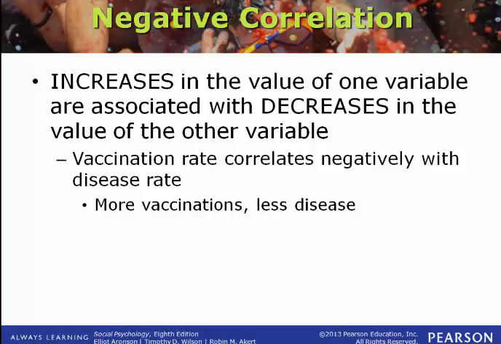As vaccine rates go down, diseases go up. Another example of a negative correlation: as absences go up, grades go down. Absences go down, grades go up. As exercise goes up, weight goes down. As exercise goes down, weight goes up, right? Negative correlation just means that they are moving in opposite directions. They're still associated with each other, but they're just moving in opposite directions, okay?